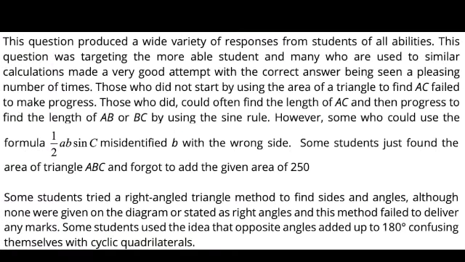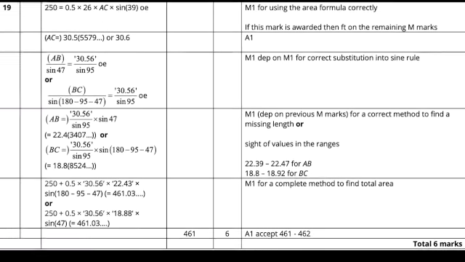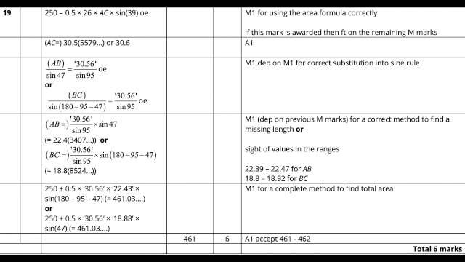Do pause, have a read, and you'll be pleased to know that the half ab sine C formula is in the formula sheet at the beginning of the exam paper. I'd rather you knew that, but it's good to know that if you forgot it, it's at the front of the exam paper. Okay, and there's the answer, 461. Lovely.